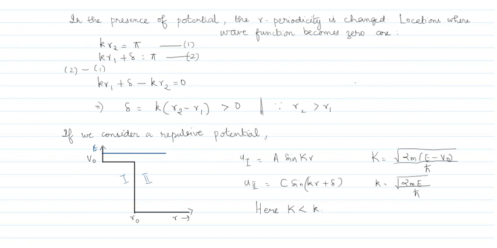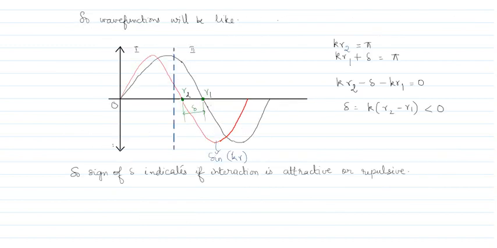So capital KR will be less than small kr for the same values of R. So sine capital KR will become a maximum only at later values of R. Sine small kr will become a maximum earlier, or faster, and after that only sine capital KR becomes a maximum, and from there it starts receding.